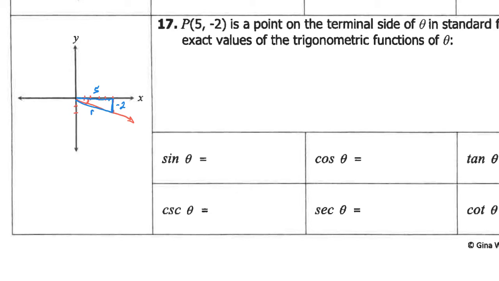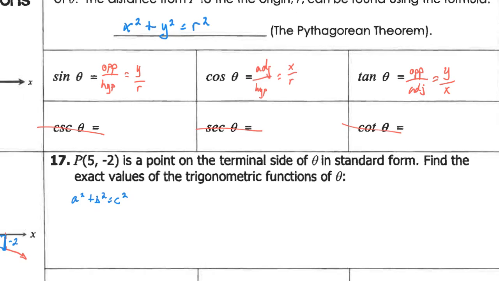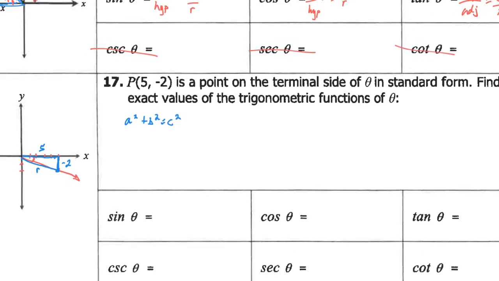We don't know what the r is, but that's the hypotenuse. Okay, so the sine of theta would be the opposite over the r value. Well, we don't have the r value, but we can find it, right? Pythagorean theorem, a squared plus b squared equals c squared, or I wrote it up there as x squared plus y squared equals r squared.